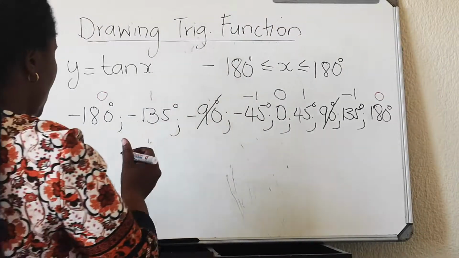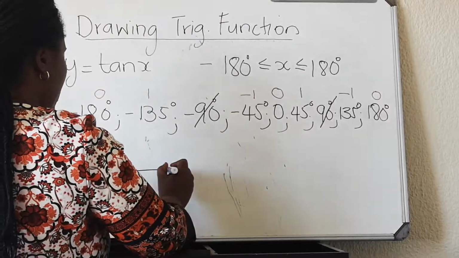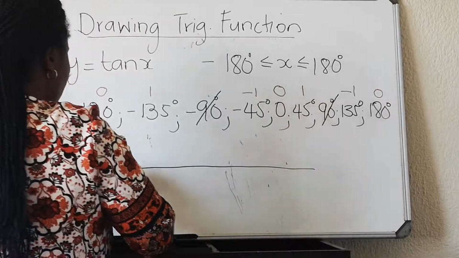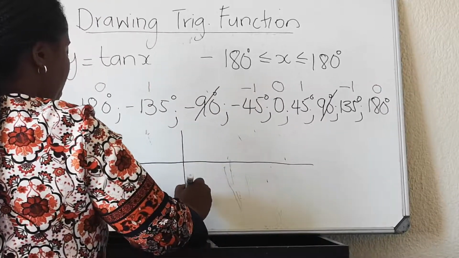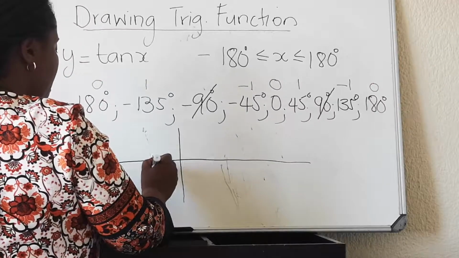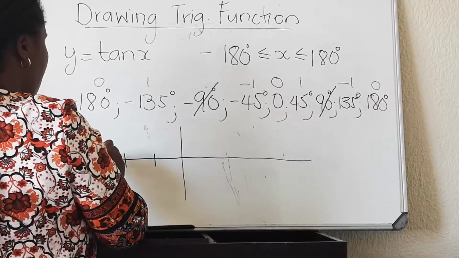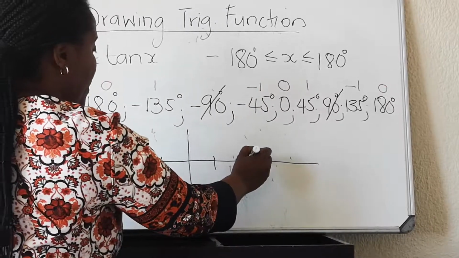Let's draw our graph. Let's draw our Cartesian plane. Remember that you must not worry much about the Cartesian plane, because in the exam you'll be provided with graph paper. Not much stress there.